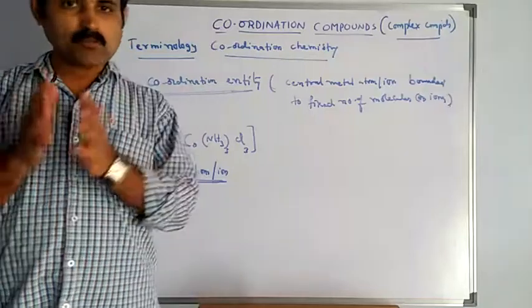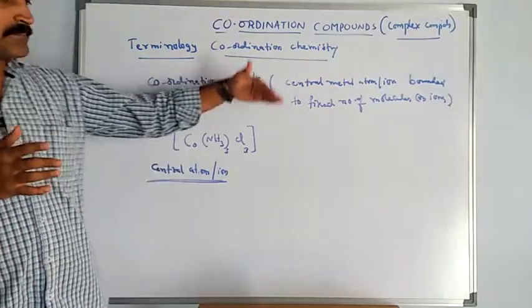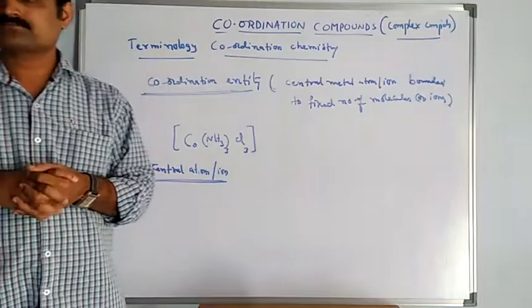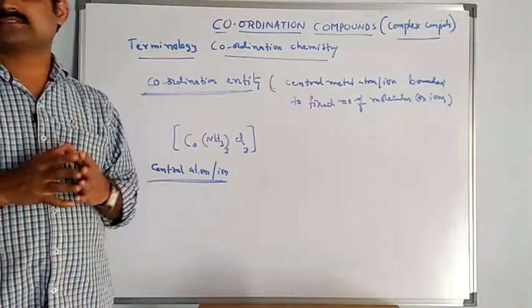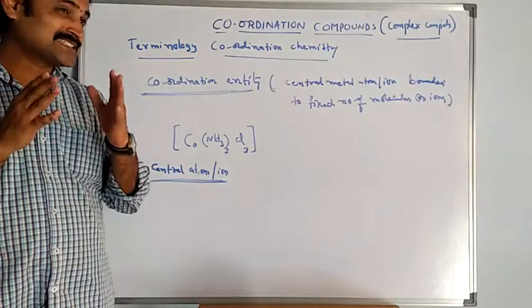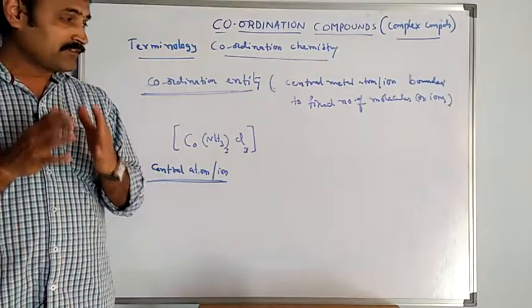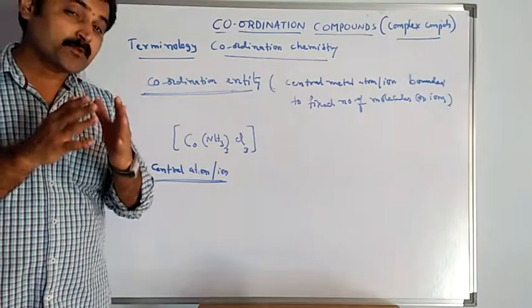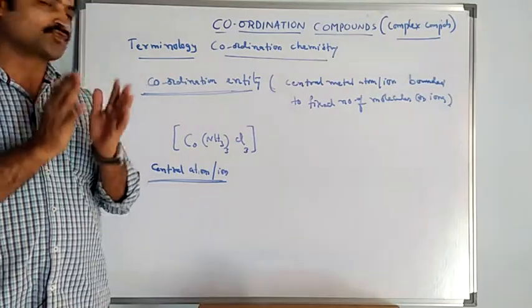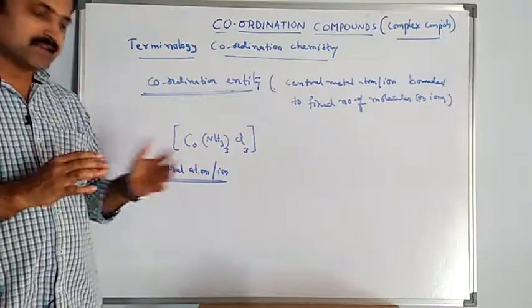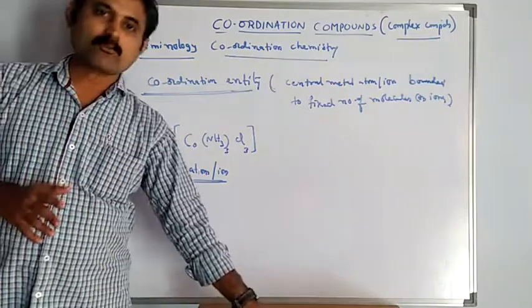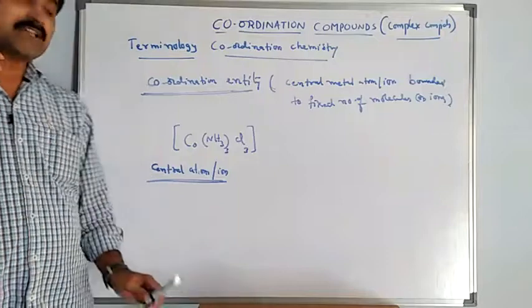Usually coordination compounds consist of a central metal atom or ion. They all come from transition metals, because transition metals have a characteristic property of forming complex compounds. So the central metal ion plays a major role in the properties of complex compounds of transition metals.